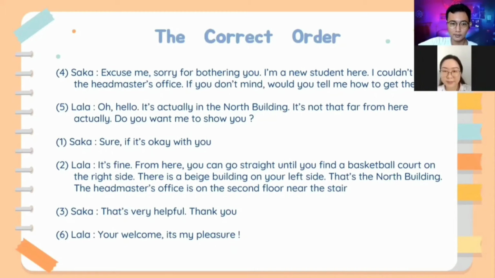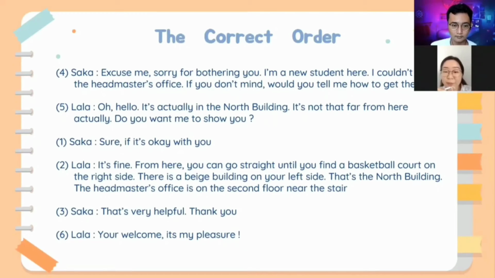Excuse me, sorry for bothering you. I'm a new student here. I couldn't find the headmaster office. If you don't mind, would you tell me how to get there? Oh, hello. It's actually in the north building. It's not that far from here actually. Do you want me to show you? Sure, if it's okay with you.